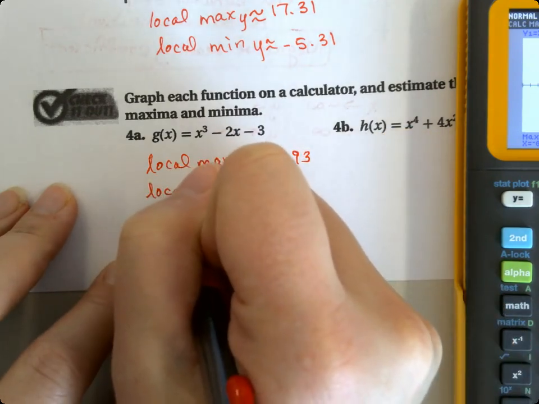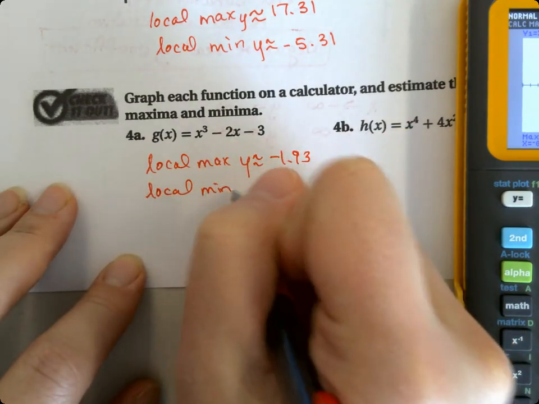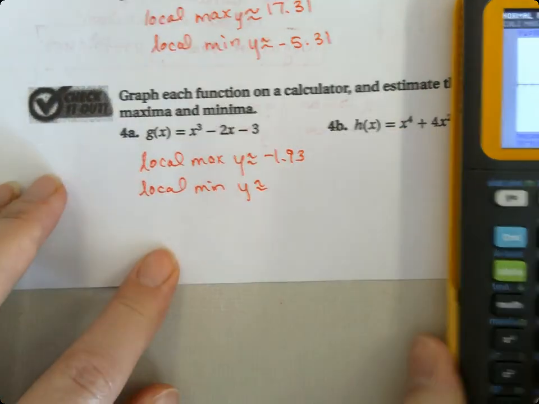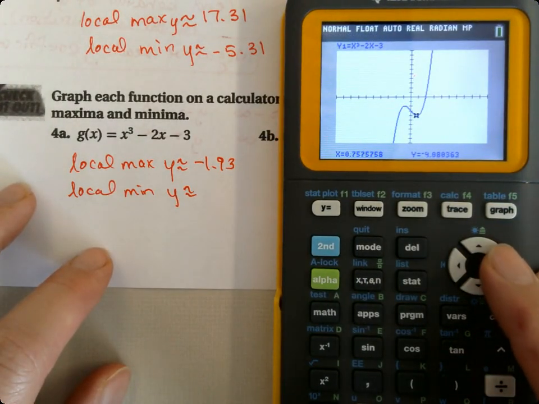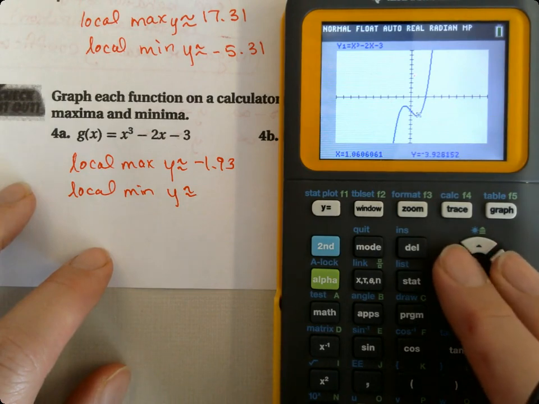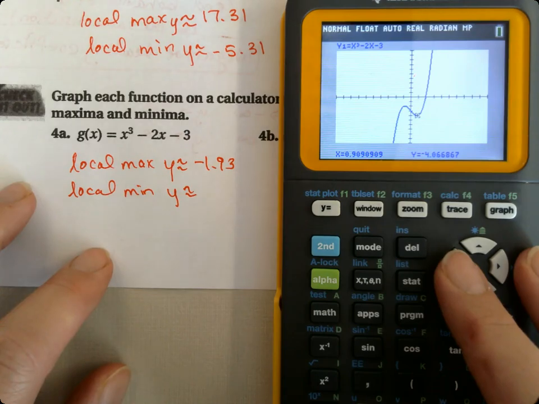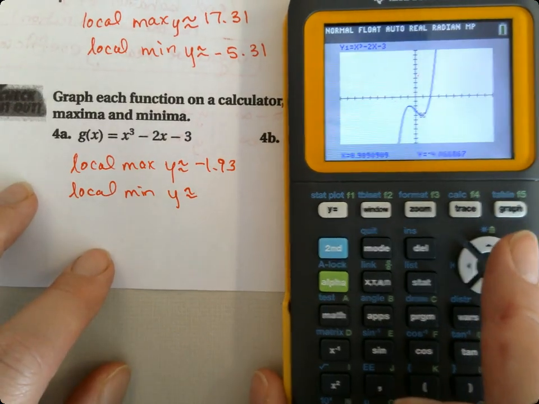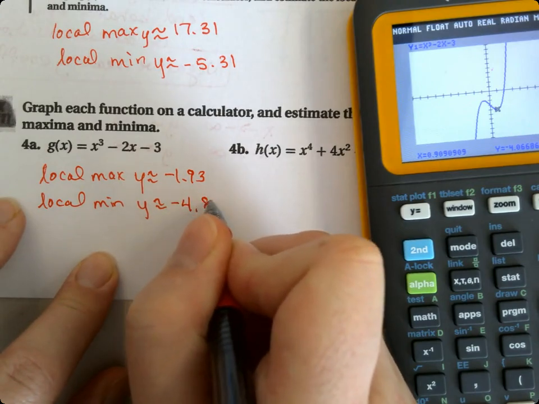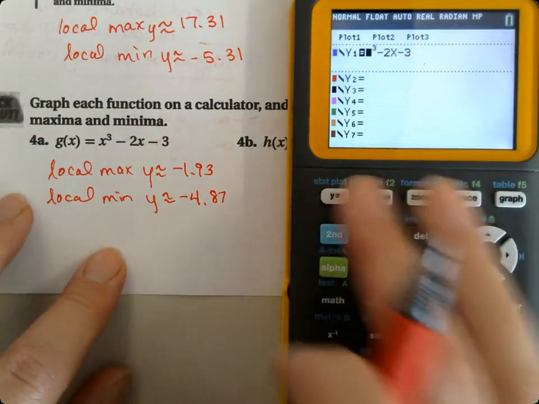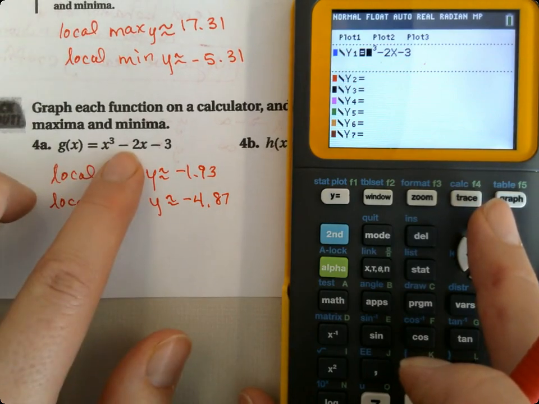And then find me the local min. Again, our trace was pretty accurate, but if you want to be more accurate, you could go the other way. I'm looking about negative 4. I think it says 87. Does your calculator agree with mine? Because I have something else written down: x to the third minus 2x minus 3.